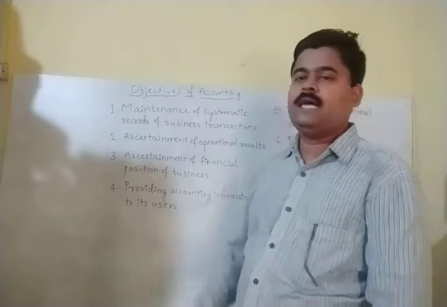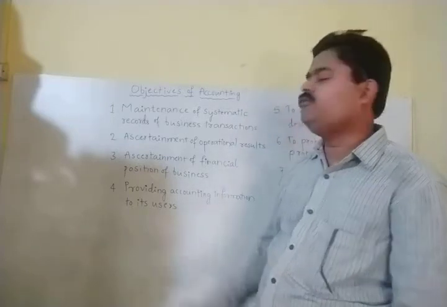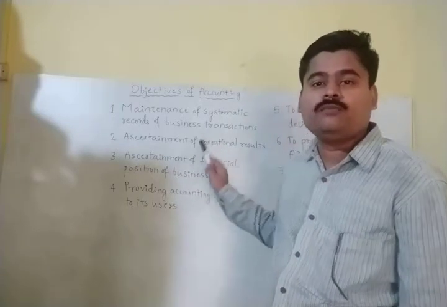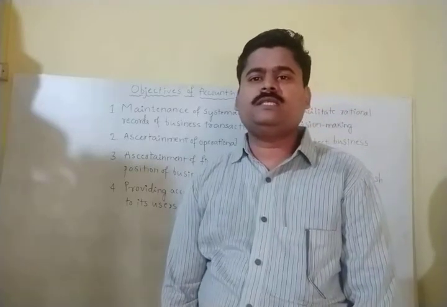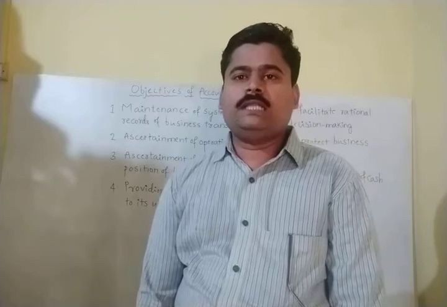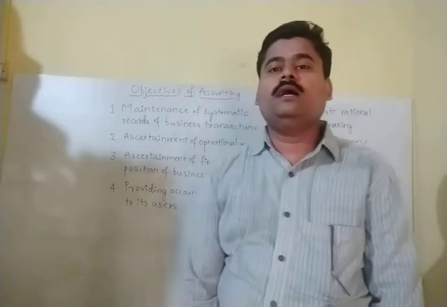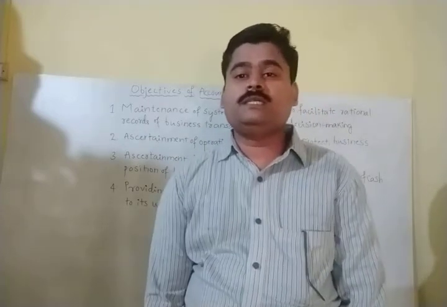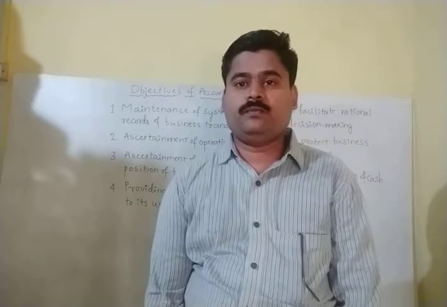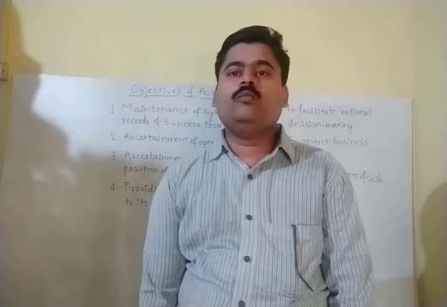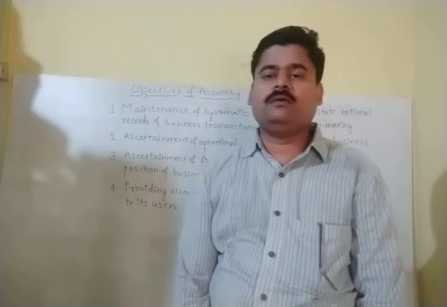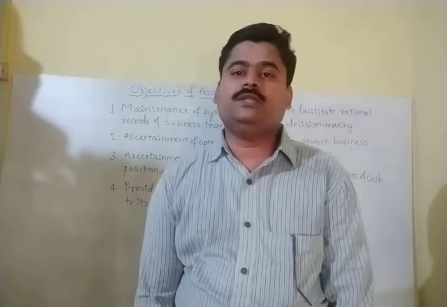And the third thing is ascertainment of financial position of the business. Financial position in the sense, what are the assets and what are the liabilities of the business enterprise. Here the companies prepare one more important financial statement called the balance sheet.